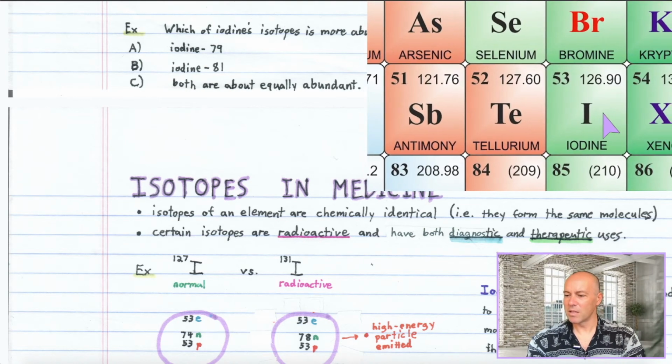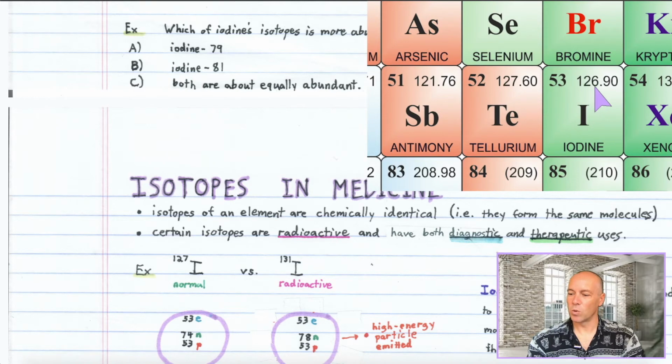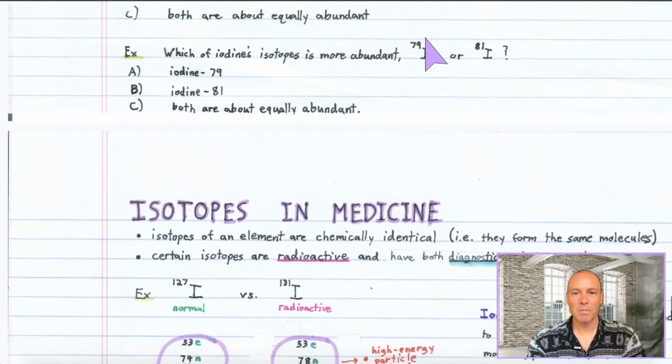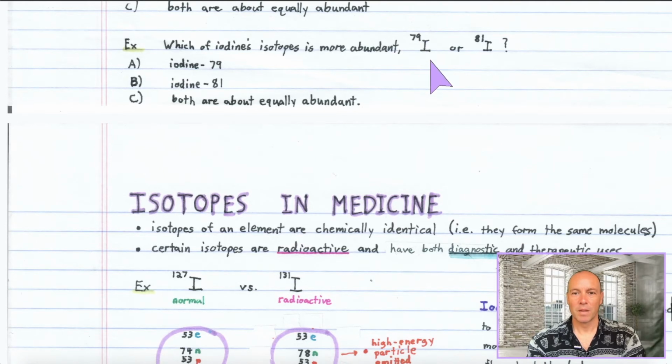And you can see its atomic mass is 126.90. Now, 126.90 is about... Oh, you see, this time you're not told what the mass of either of these two are.